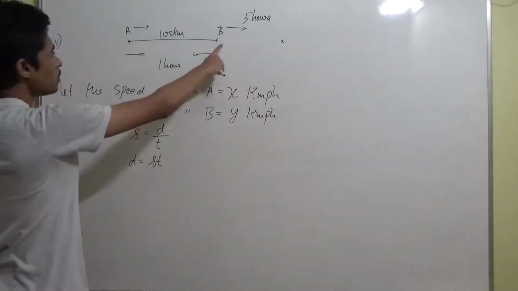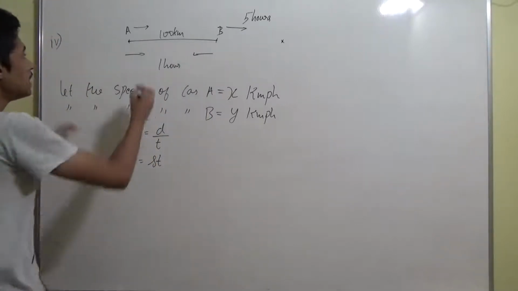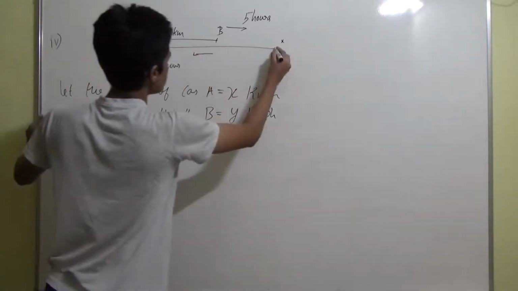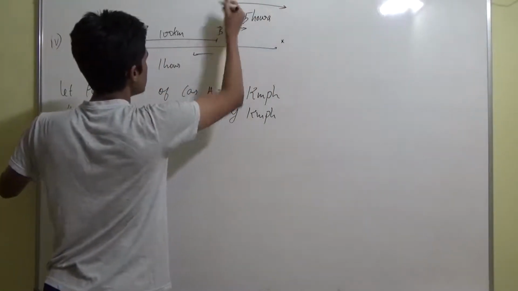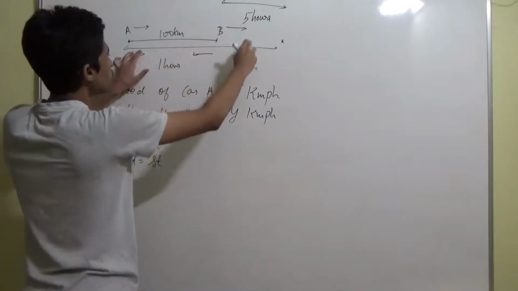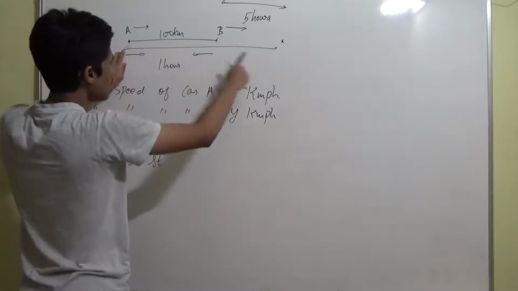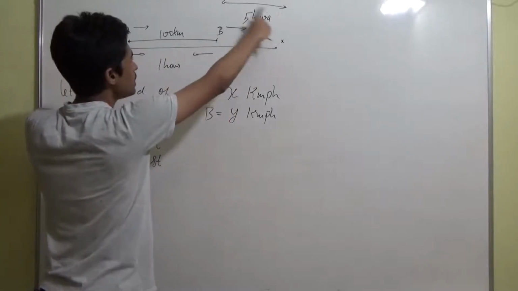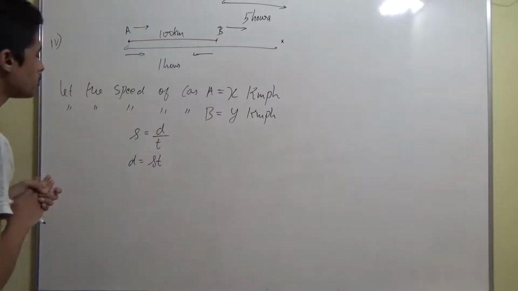B covers only this some distance. So what is the difference between the distances which they travel? A travels this much distance, and B travels this much distance. Getting it? So the difference between these two gives us 100. The distance traveled by A minus the distance traveled by B is going to give us the distance between A and B, which is nothing but equal to 100 kilometers, right?